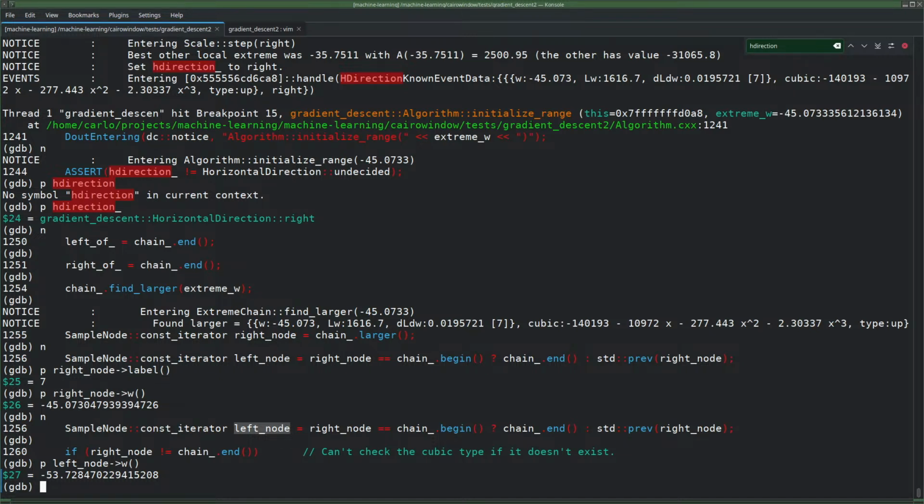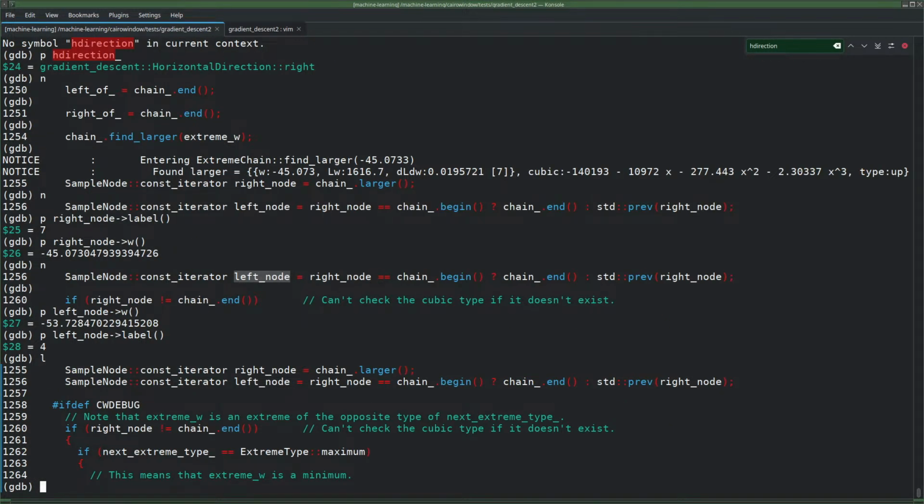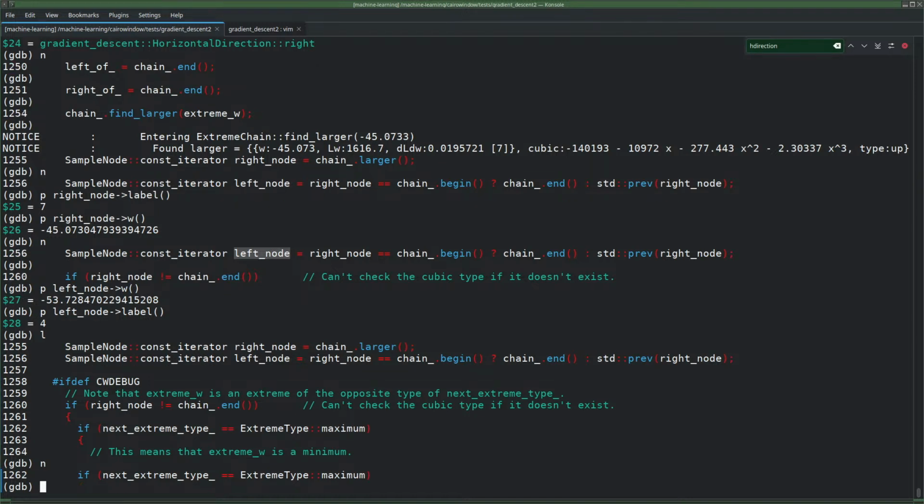Okay, that's small. That's okay. And this is then 4, I suppose. Yep. Okay, no. Right node is not chain end, so we go to 1262. Next extreme type is maximum.